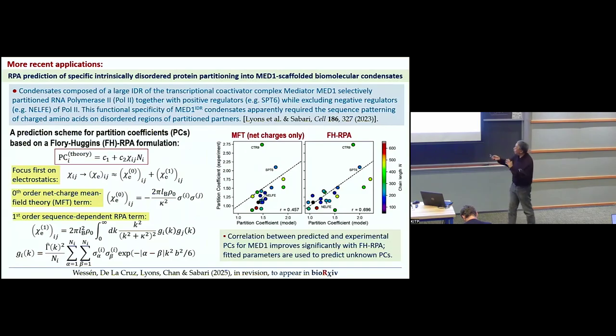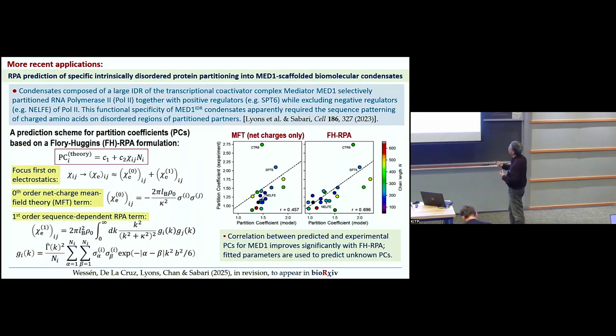The outline is that we first assume that there's a scaffold of MED1, and then we try to calculate this type of parameter. We first focus on electrostatics. Electrostatics has a zero order term, which is just the net charge, and then a first order term, which is this RPA expression that can take into account the sequence pattern.